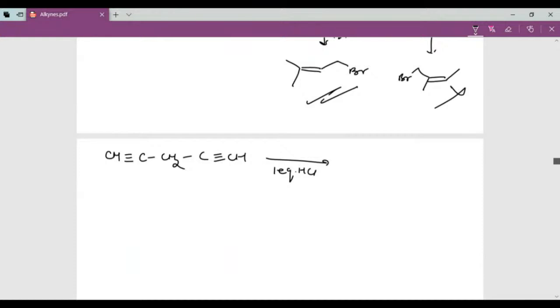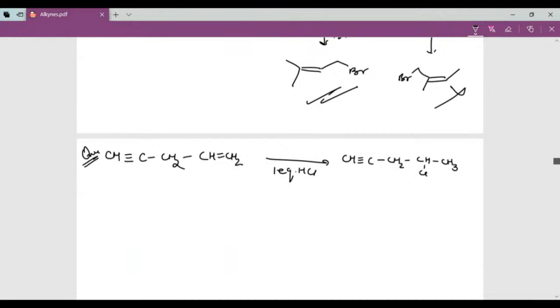Oops, I took both as CH double bond CH2. So then you will add on CHCl CH3. All these are very important examples.